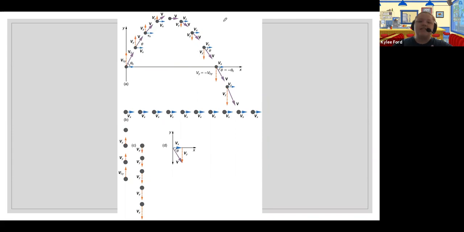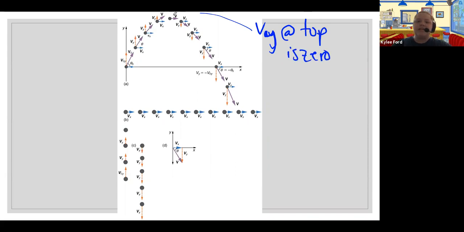But again, you can see that same exact thing where our velocity vector in the y direction gets smaller as we get to the top. And then again, vy at top is 0.